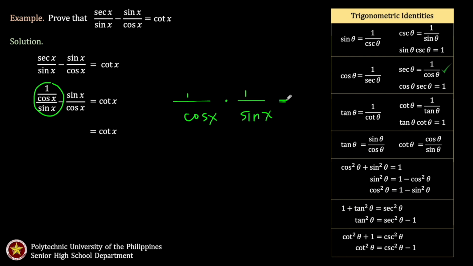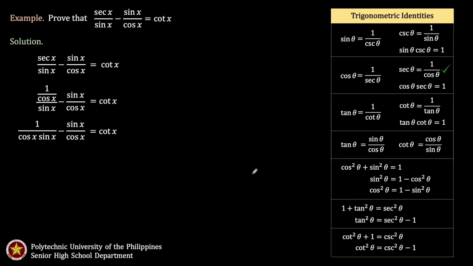Simplifying, we have 1 over cosine x times sine x. Then, of course, bring down sine x over cosine x. Now, by doing the butterfly method on this part, we will obtain cosine x minus sine squared x times cosine x all over cosine squared x times sine x.